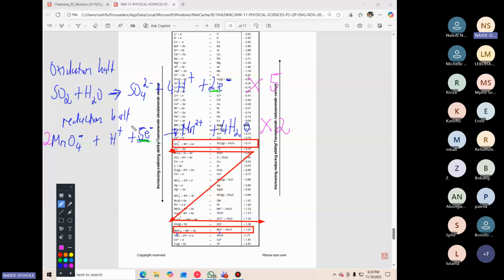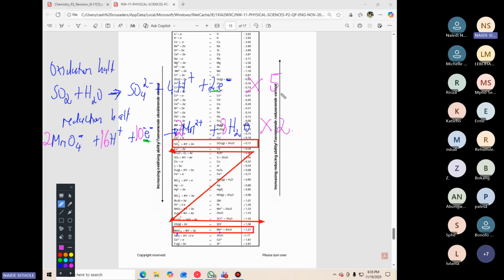I'm going to use this color for all the ones that change. And then the 5 becomes 10, and here we still have the 2. You have to be careful and check that you change everything there. Then 2 multiplied by 4 is going to be 8.